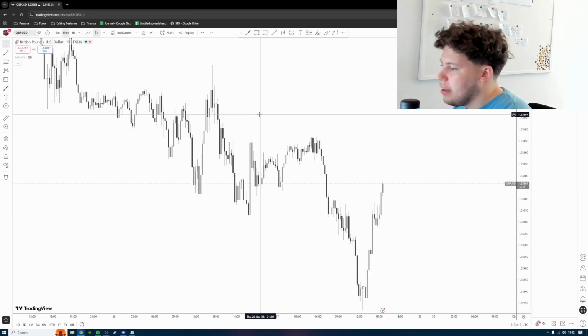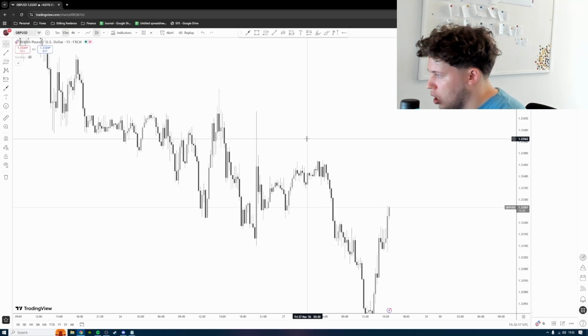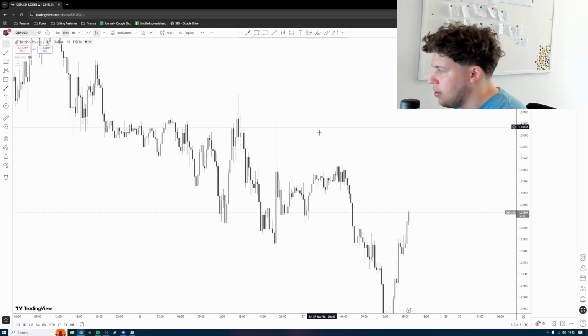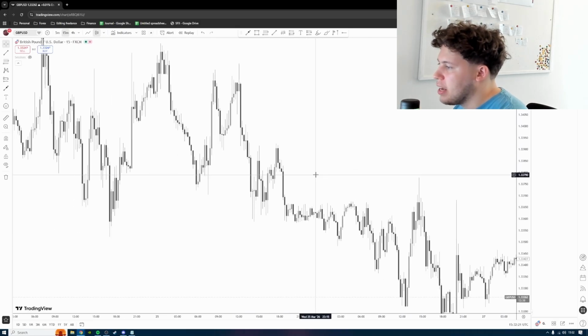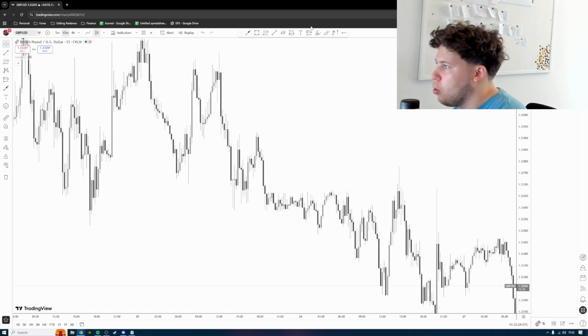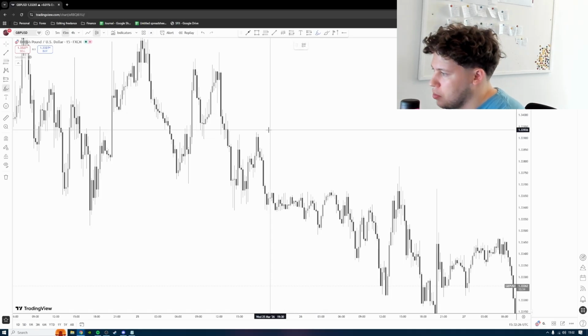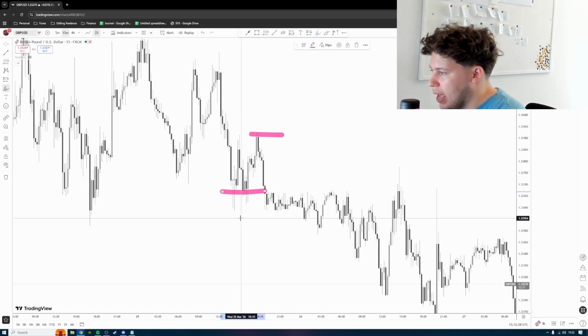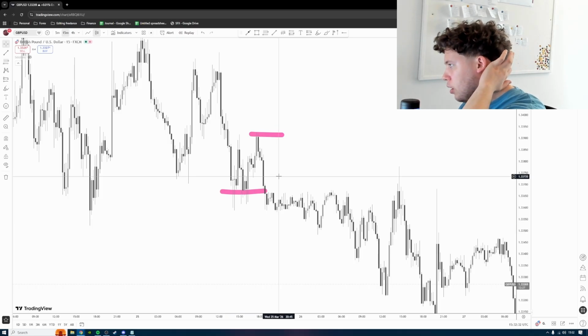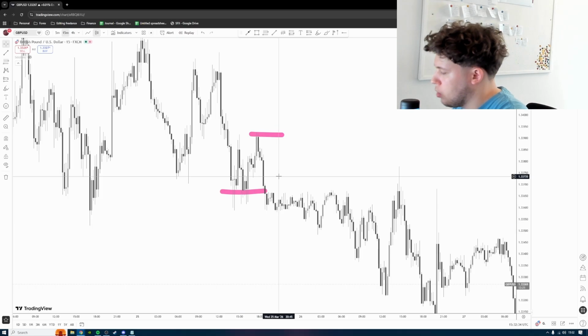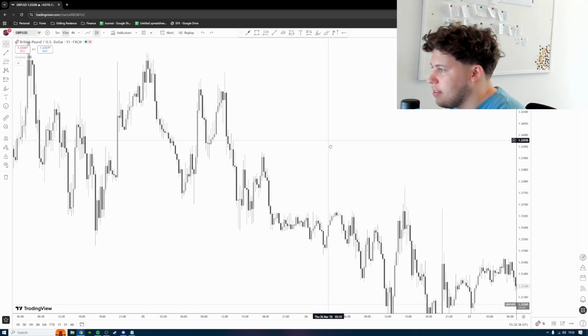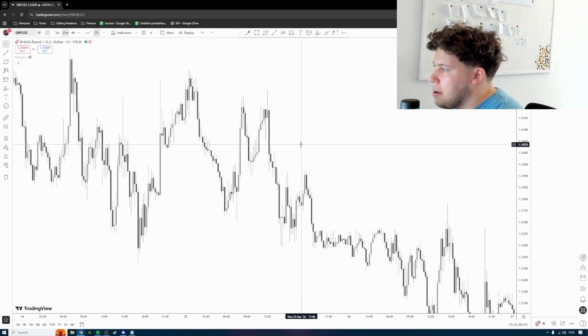So how this edge works is like this. When you get a break of any high or any low, what do you have at the top or the bottom of them? Wicks, okay? That's what you have. Where this strategy comes into effect is you're looking for a break of the high or the low, like normal.